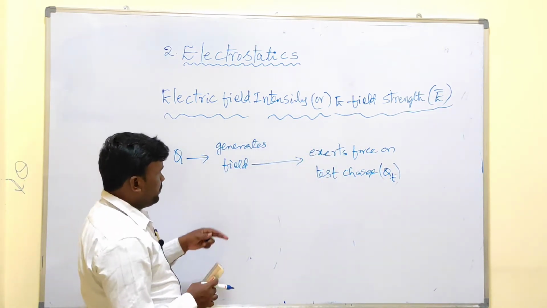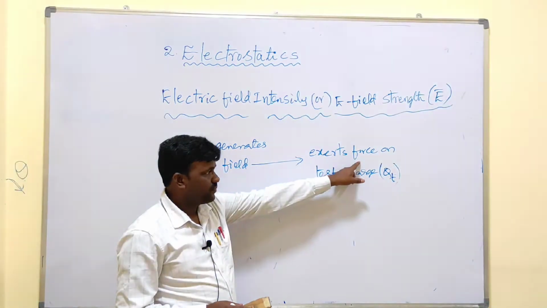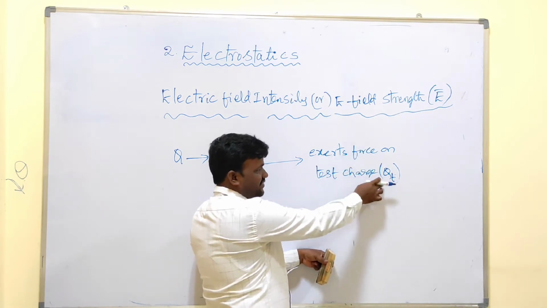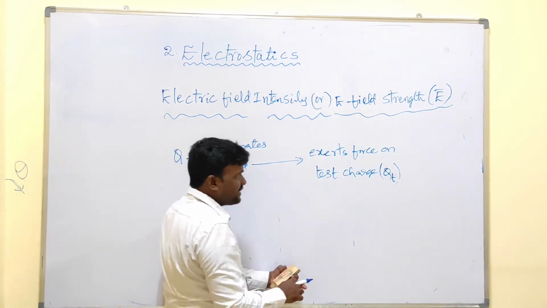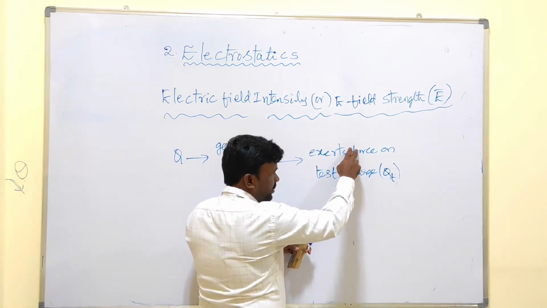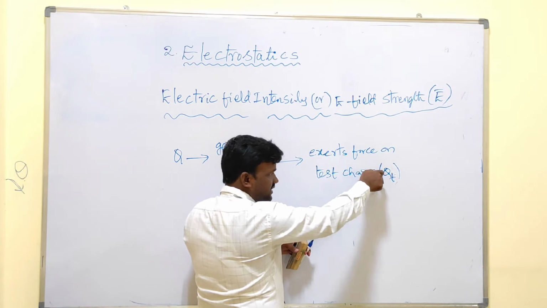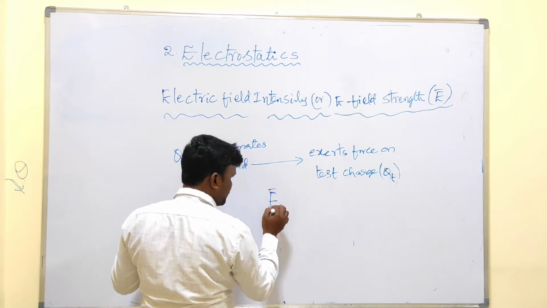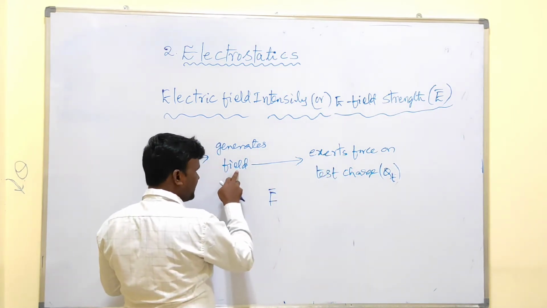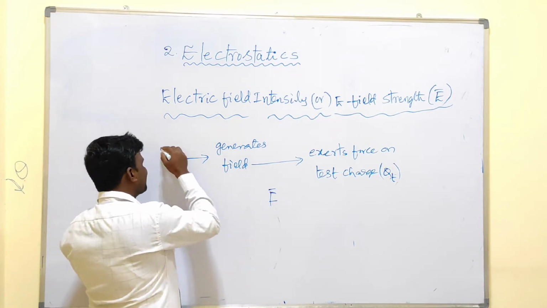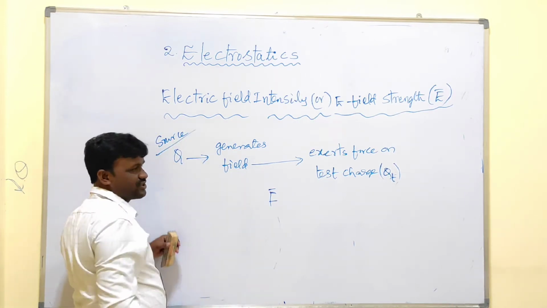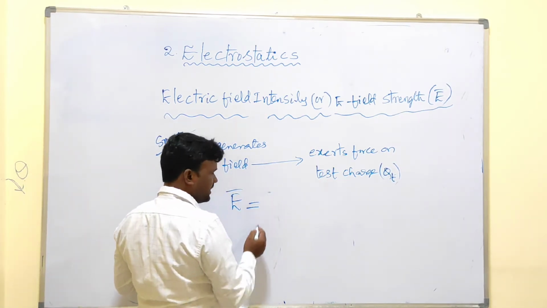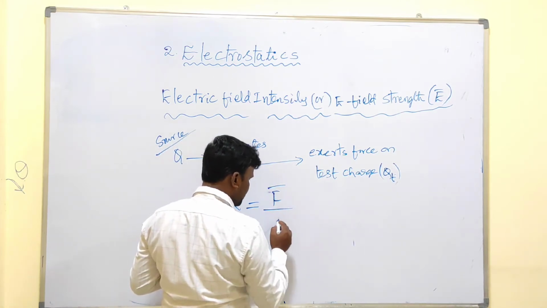If you measure the force exerted on this test charge due to this Q, for a unit test charge, it gives the field strength due to this Q. I have a force exerted on this test charge due to this field, but this field is due to this Q, so Q is the source for our electric field. That's why electric field intensity or electric field strength is defined as force per unit test charge.